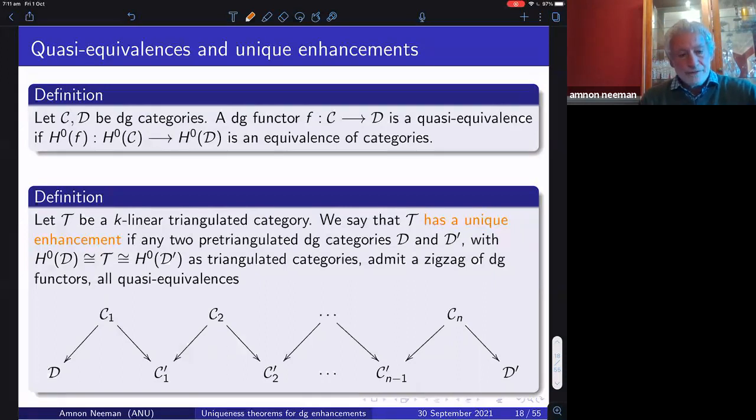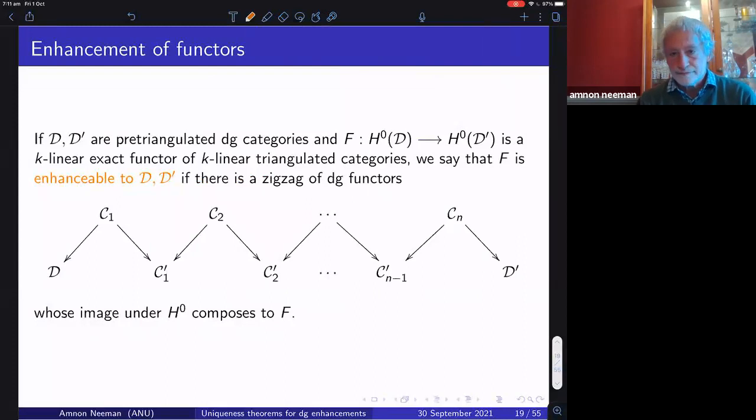And what does it mean for a functor to be enhanceable?